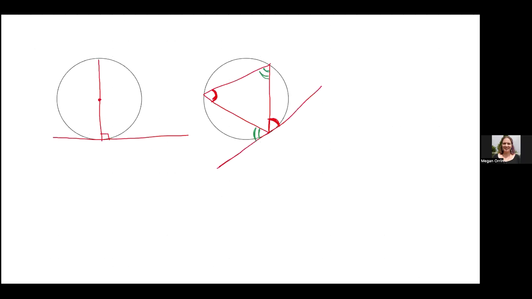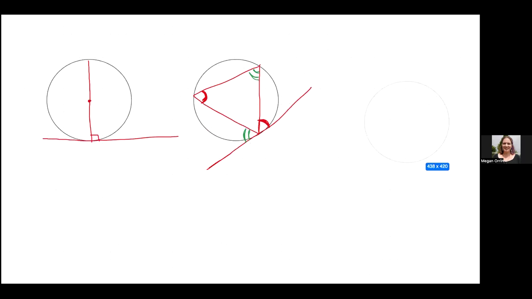If I give you another circle and we do that exact same thing, I'm going to draw another tangent, another chord, and let's do this. So now it looks completely different. This external angle is still going to match this angle over here.